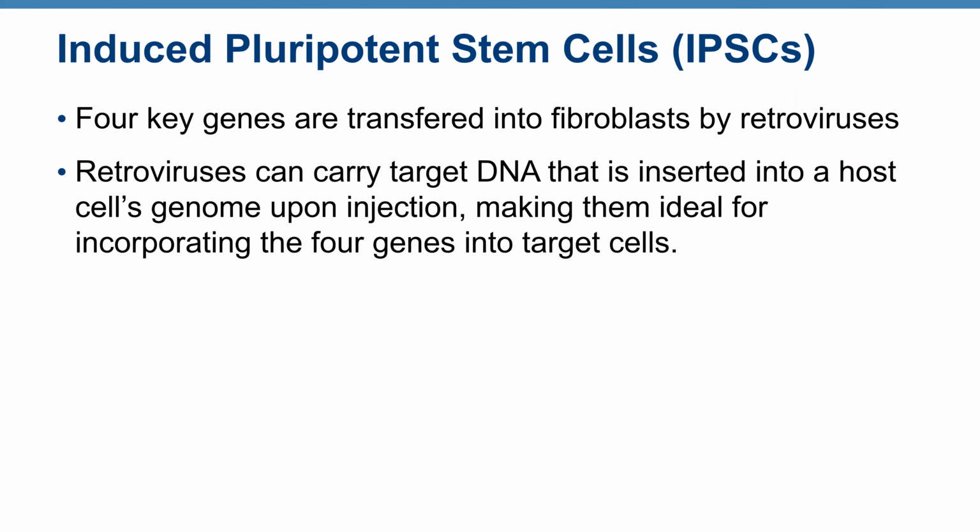These 4 key genes that we need are transported into fibroblasts by retroviruses. Retroviruses can carry target DNA that is inserted into a host cell's genome upon infection, making them ideal for incorporating the 4 genes into target cells.